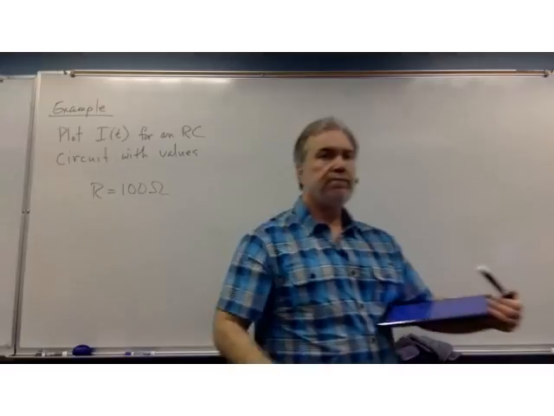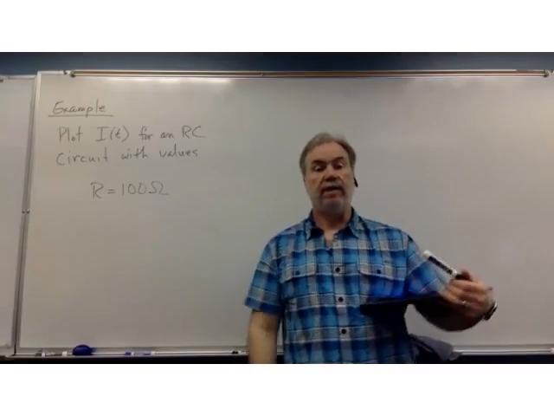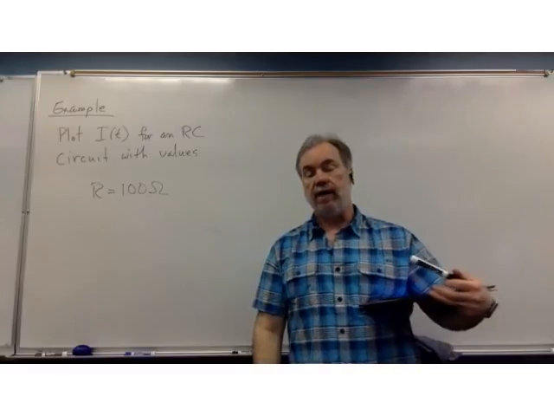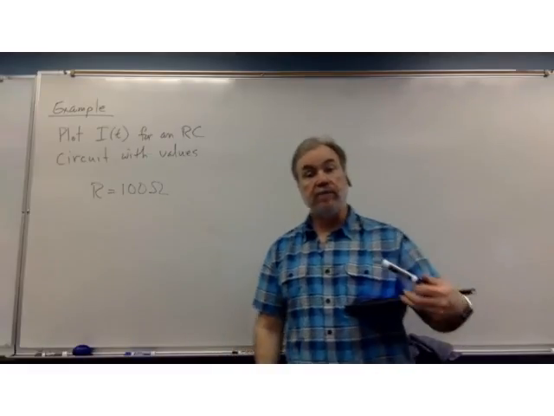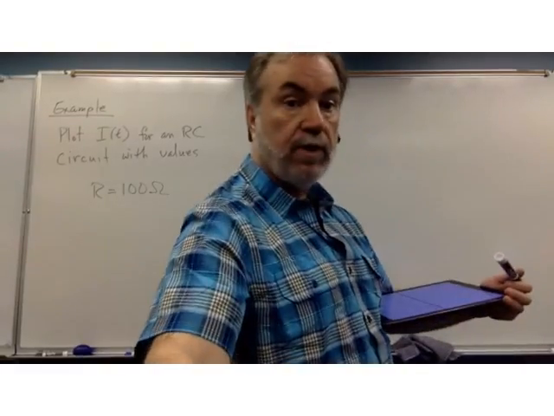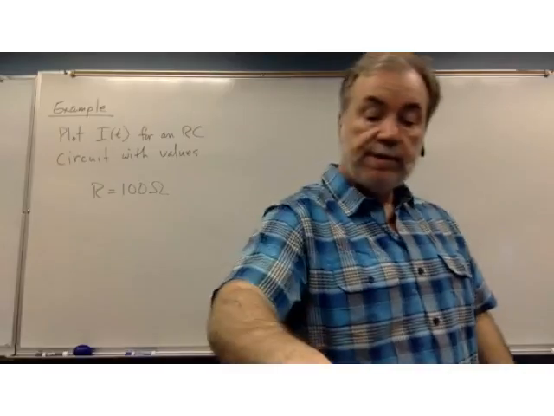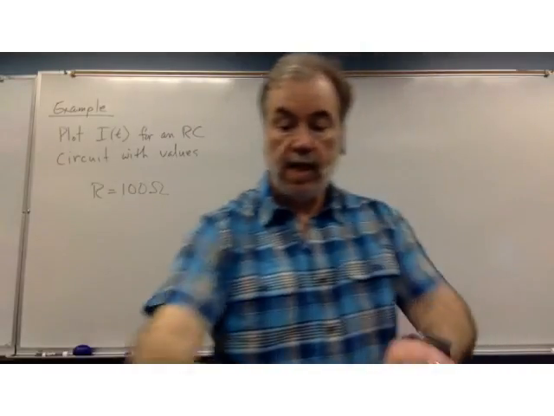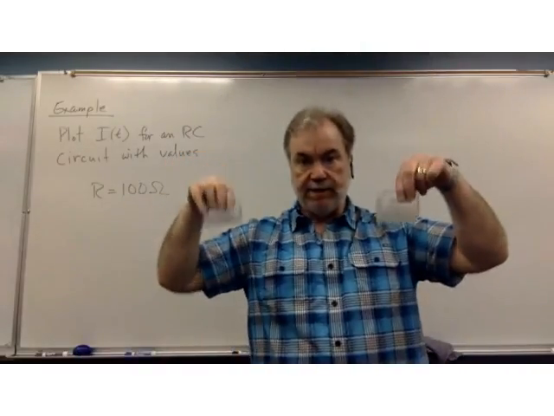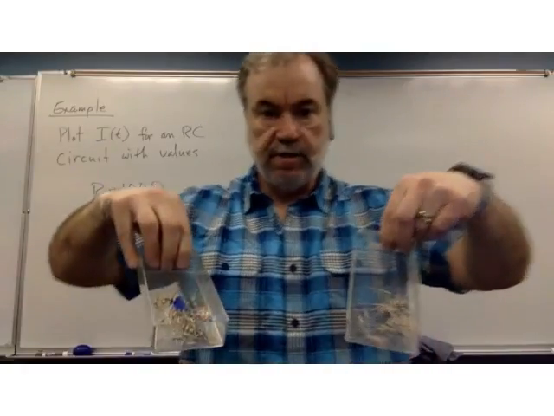I neglected to mention when I was telling you about resistance that in fact you can artificially construct a resistor device. In fact, let me pause the recording and go get one. Okay, so I have a couple of buckets of resistors here.